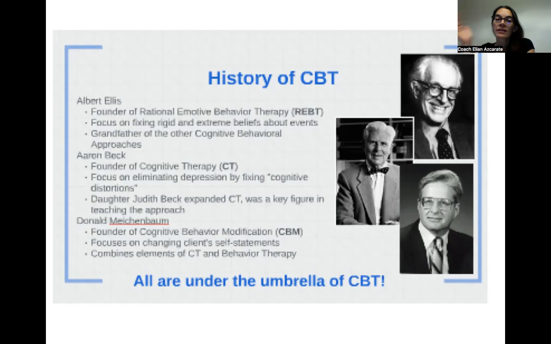There was this big movement against behaviorism coming from all the people that were in favor of cognition, and that's how Aaron Beck came into the picture. He thought, for example, that for eliminating depression, we have to change our cognitive distortions. And to eliminate almost any disorder, we have to change our cognitive distortions.